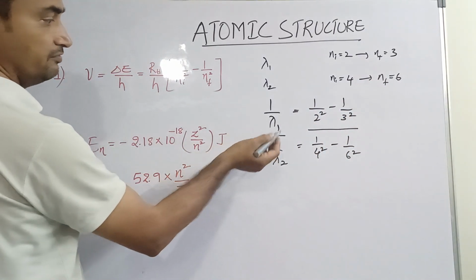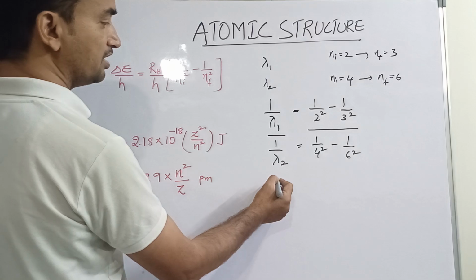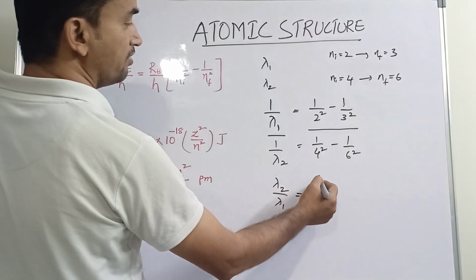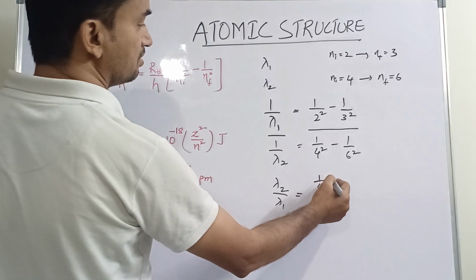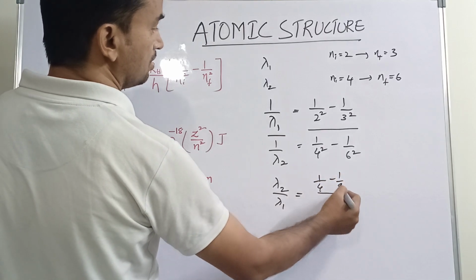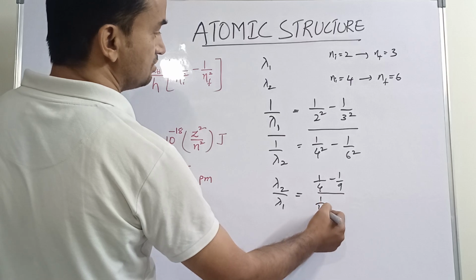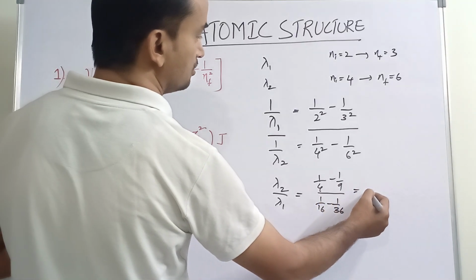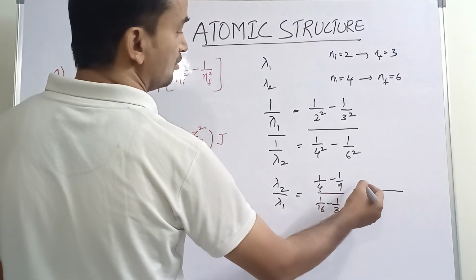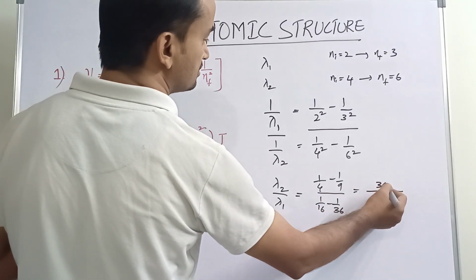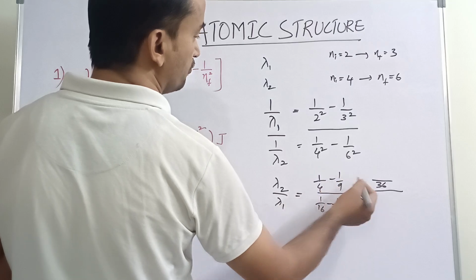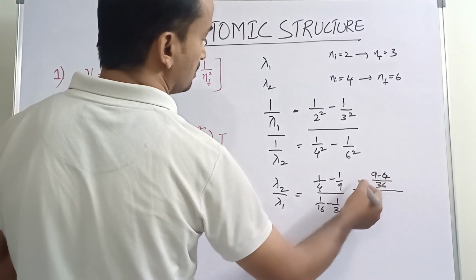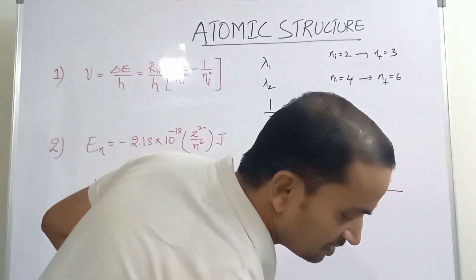Now if you take this like this, it will become lambda 2 by lambda 1. Now here 1 by 4 becomes 1 by 9, and here it becomes 1 by 16 minus 1 by 36. Now if you take the LCM and do the simplification, it becomes 36. 9 minus 4.